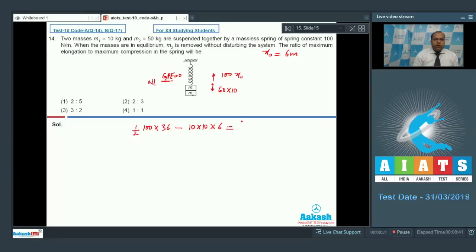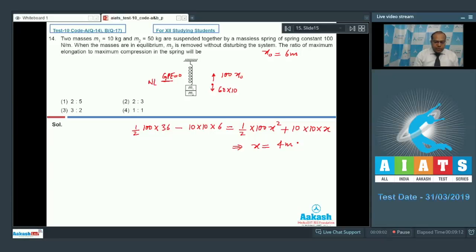That is equal to, when M2 is removed and the spring is in the compressed position at that moment, let it be compressed by a distance x. So the spring energy stored is half k into x squared, plus the potential energy of the block m1, that is 10 into g into x. If I solve this equation, the value of x comes out to be 4 meter.